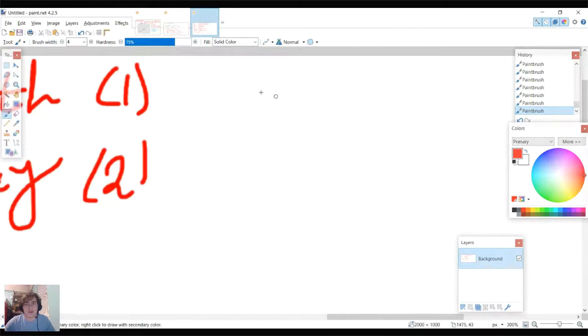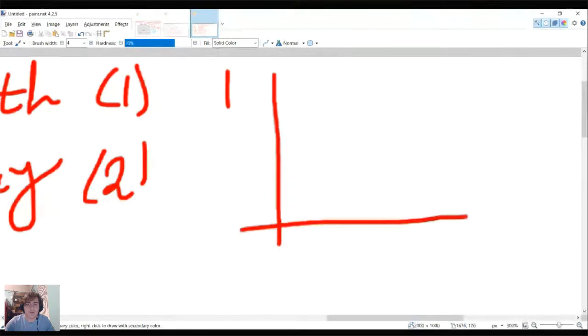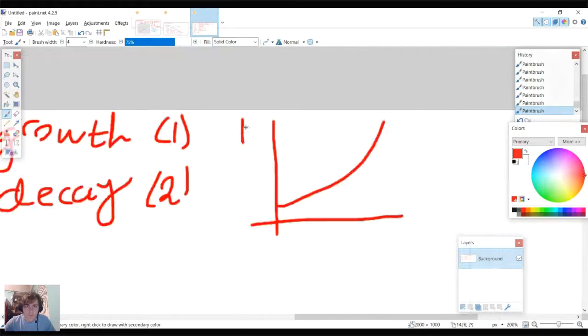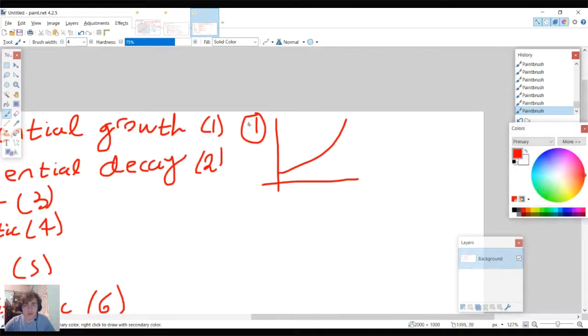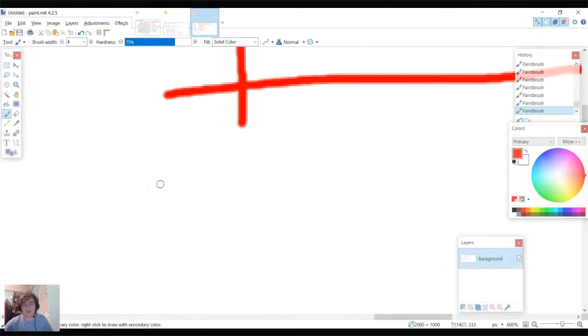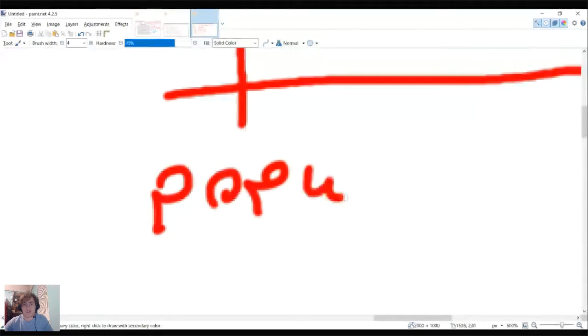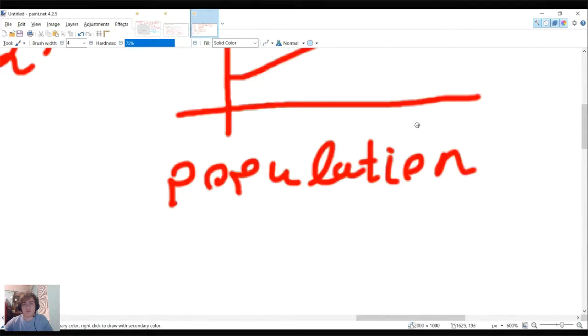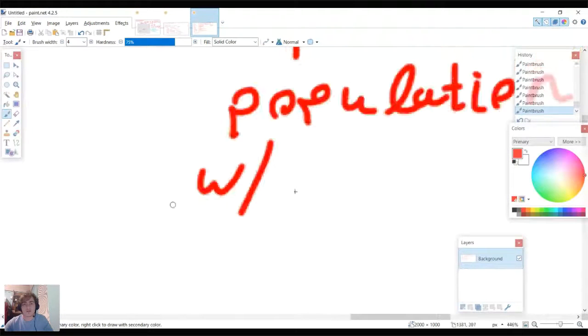Graph number 1 is exactly what it sounds like, exponential growth. It starts at 1. An example would be a population with infinite capacity.